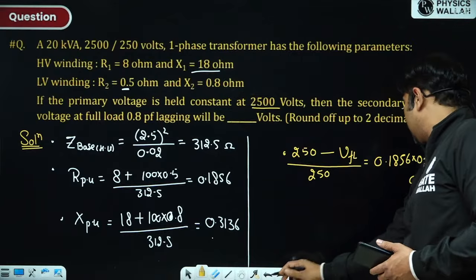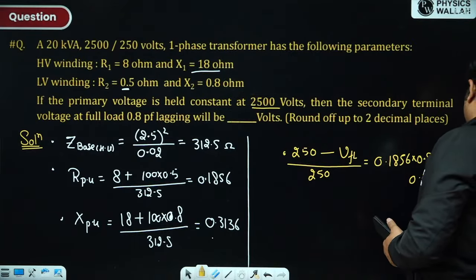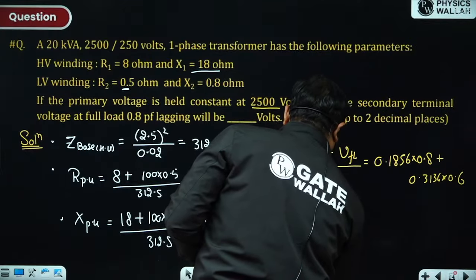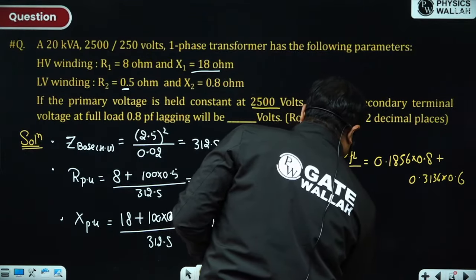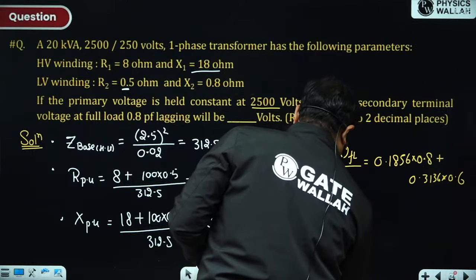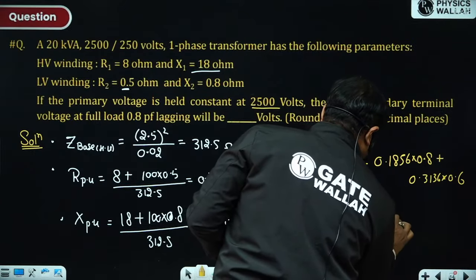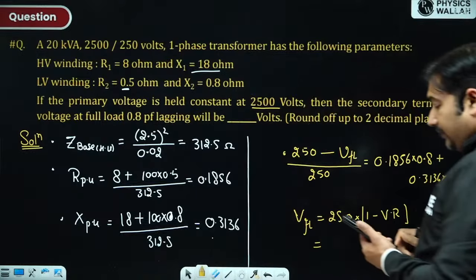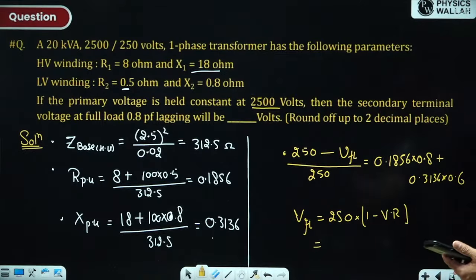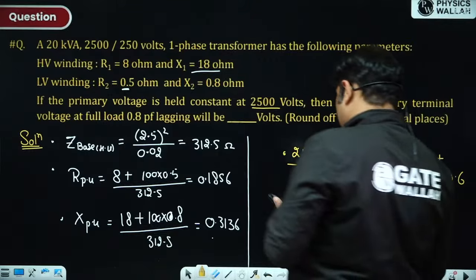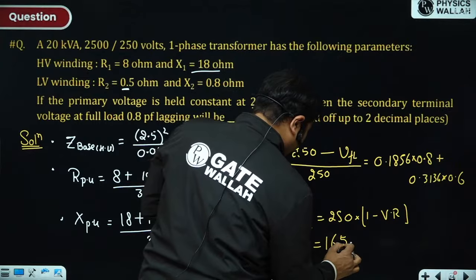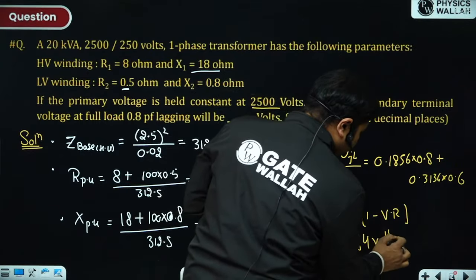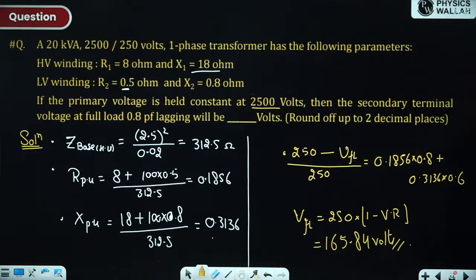How many of you are able to understand this part perfectly? So we can calculate the full load voltage as 250 into 1 minus voltage regulation: 0.156 times 0.8 plus 0.3136 times 0.6, then 1 minus the answer multiplied by 250. So we are getting 165.84 volts. How many of you are able to understand this question perfectly?